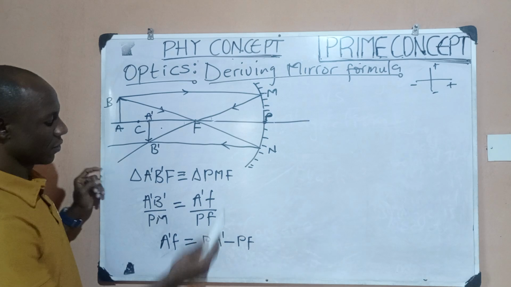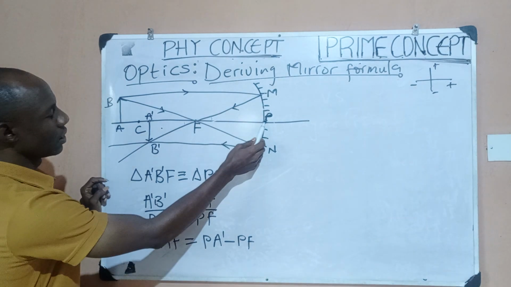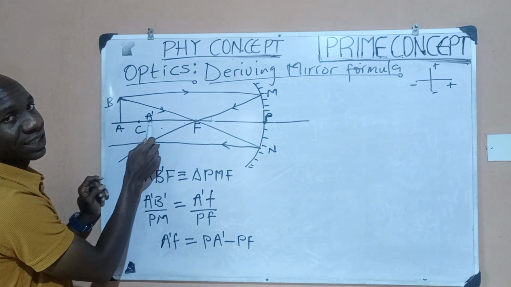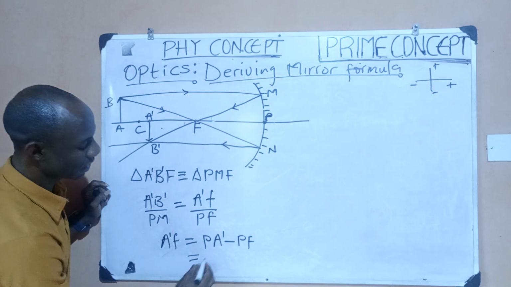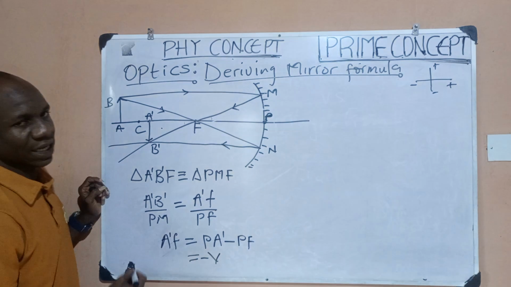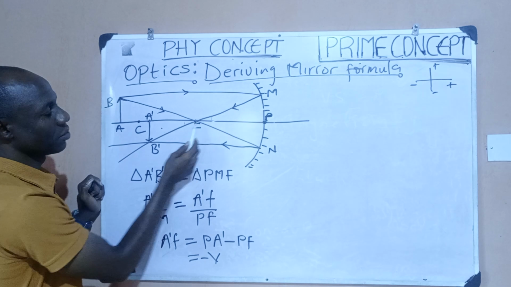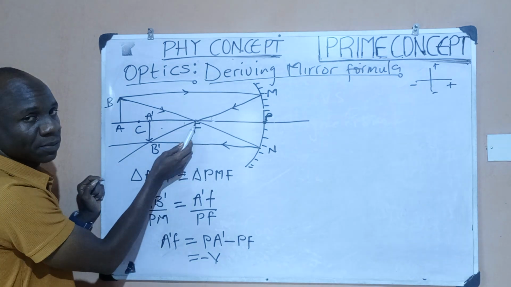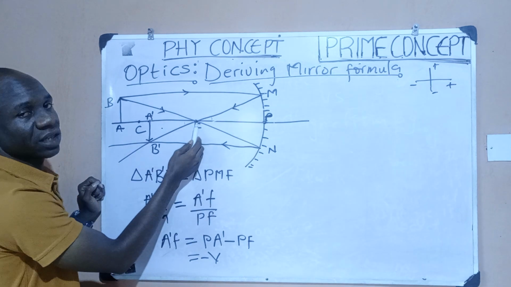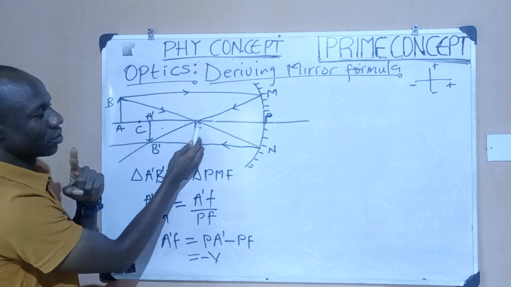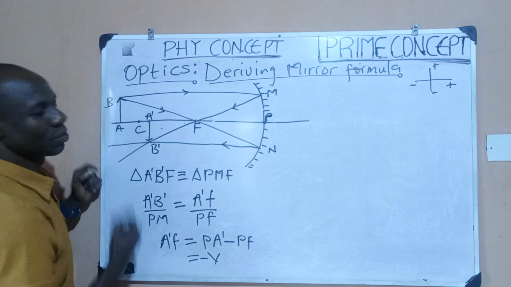So the distance PA prime, which is the image distance, is going to be what now? Negative V. That is negative of the image distance. Now, the distance PF, remember F is your focal point, and PF represents the focal length. Since it's on this side, it's going to be negative.